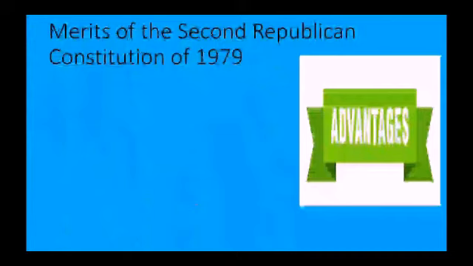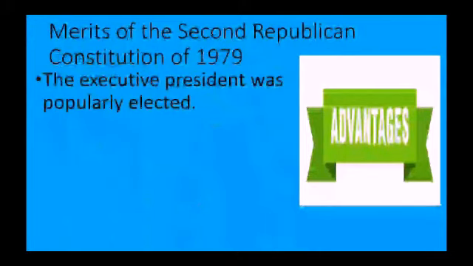One of the advantages is that there was the executive president who was popularly elected by the people. So he was accountable and responsible to the people, since the people elected him. After 4 years, if he wants to get re-elected, he must satisfy the people before the people will choose to re-elect him. So he was answerable to the people because he was popularly elected.